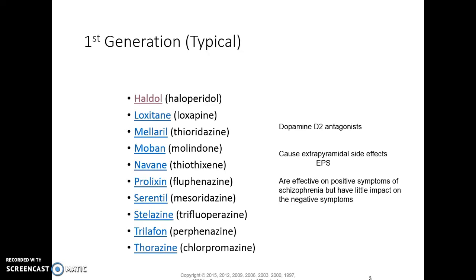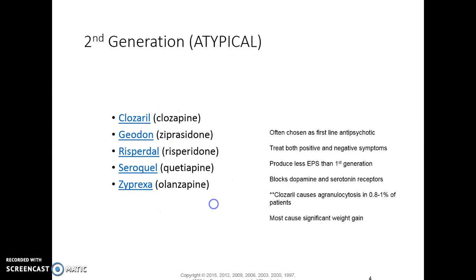It's things that aren't there at baseline that are now there, like hallucinations, delusions, those different things that we talked about that the patient wouldn't normally have, versus the negative effects, which are things that the patient should normally be doing but now is not. For instance, they were holding a job but now they're not going to work. They were doing good, had good grooming habits, and now they're not taking care of themselves at all. So remember, positive adds to the person, negative takes away.